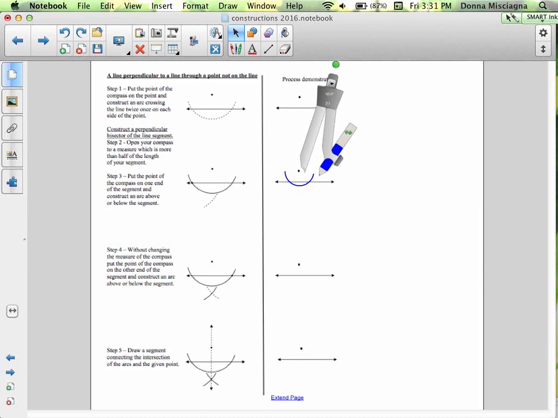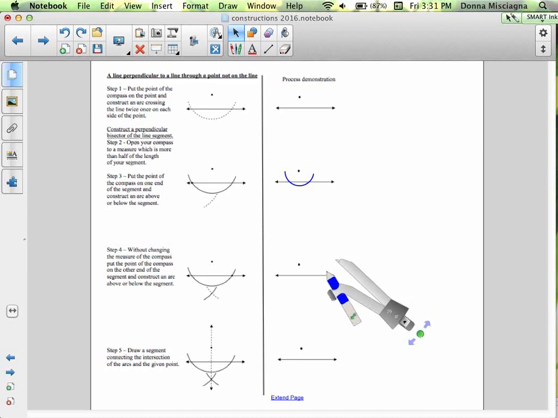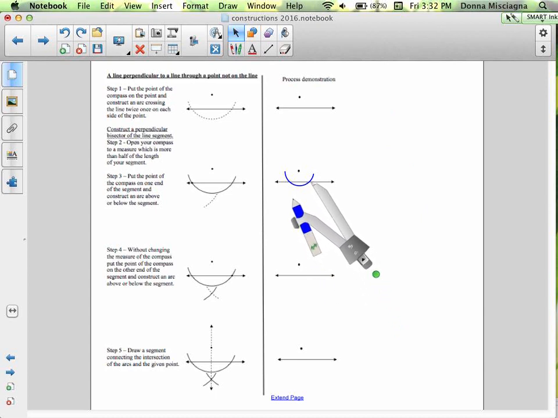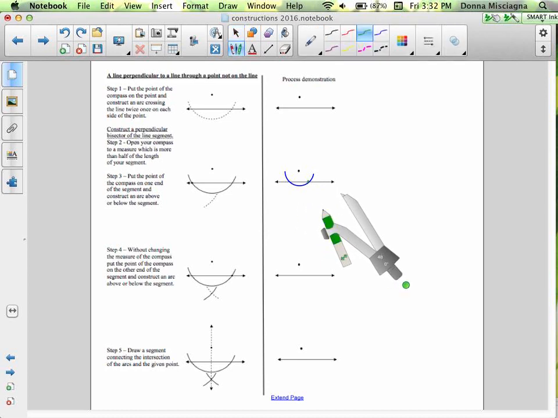You're going to take your compass. You can change the width of the compass, the spread of the compass at this point. I'm probably going to open it up a little wider. All right, so now you're going to place the compass on this point right here. Let's make it in green. That point right there where the arc intersects the line.